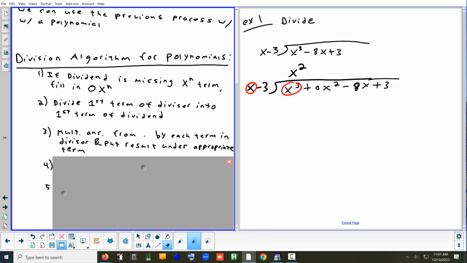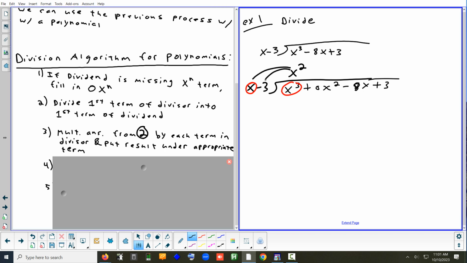Now, you're going to multiply your answer that you just got in step 2, x squared, times each term in the divisor. So it's like the distributive property. And this is where we have to make sure we put the result in the correct column. Okay, line up like terms. If I multiply that back out, what's x squared times x?